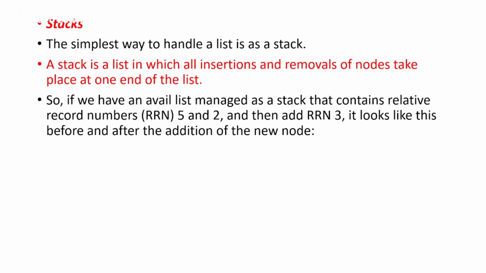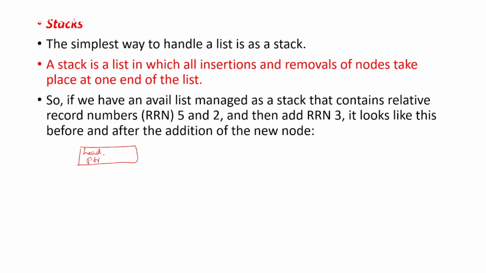So if we have a free list managed as a stack that contains relative record numbers like RRN5, 2 and 3, it looks like the following thing. I'll show how exactly it will look. You will be having a linked list with the head pointer.